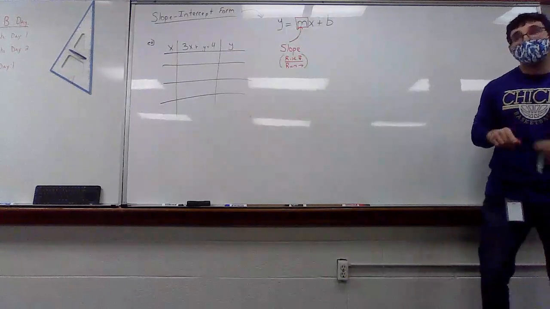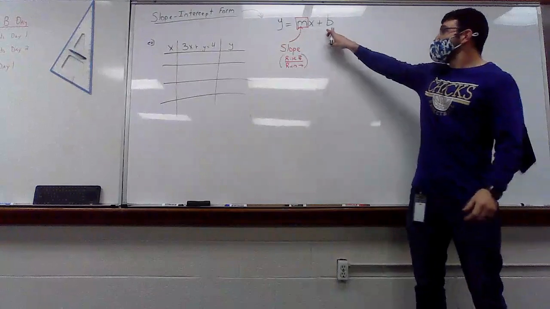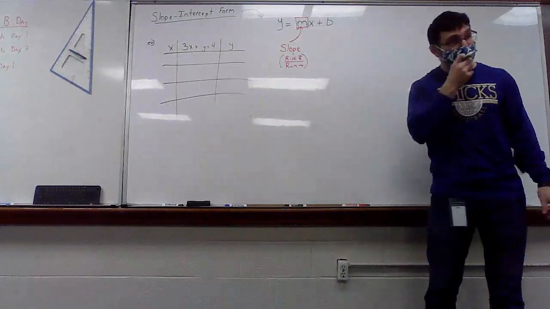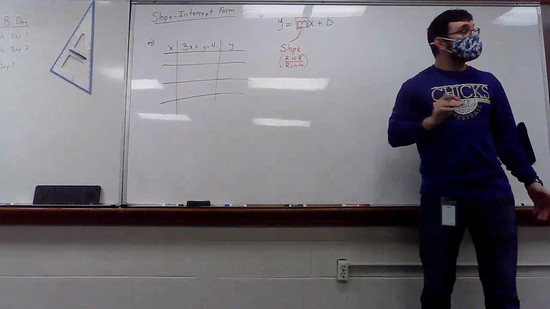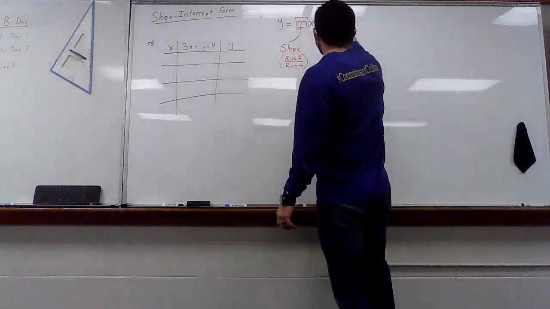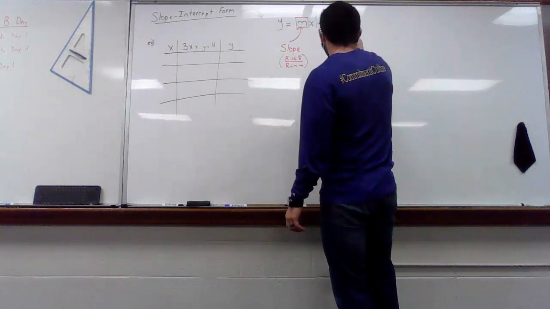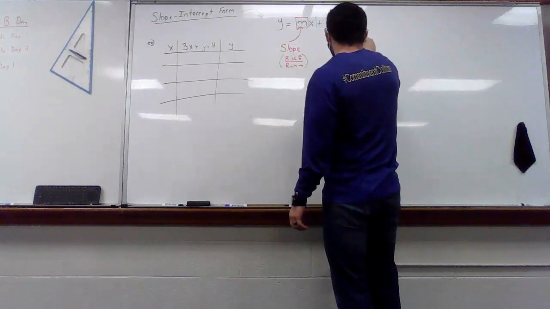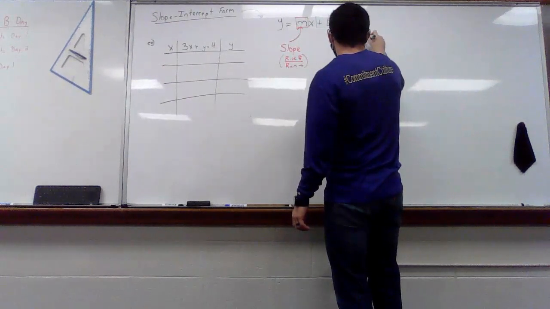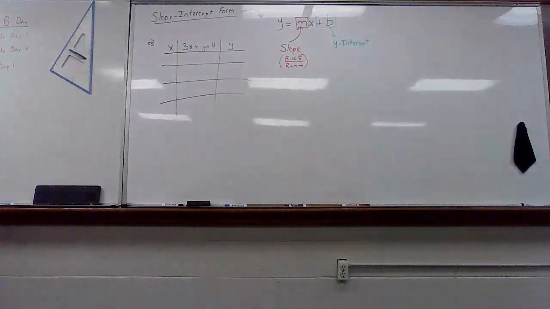B. The b. Now, listen to how I say this. I'm going to circle the positive b, but it could also be a negative b. It's whatever the sign is with the b. This is called the y-intercept. The y-intercept is where it crosses on the y-axis.